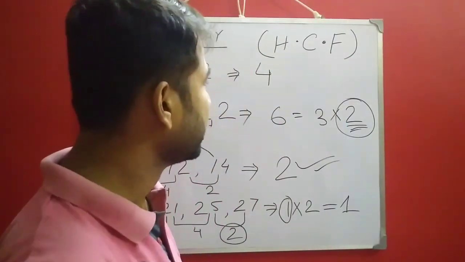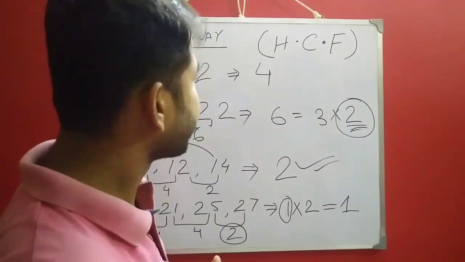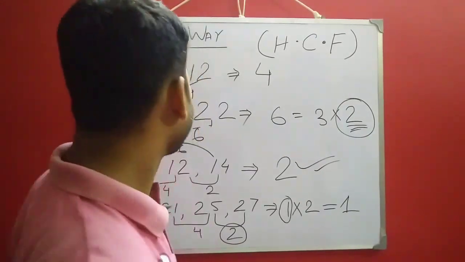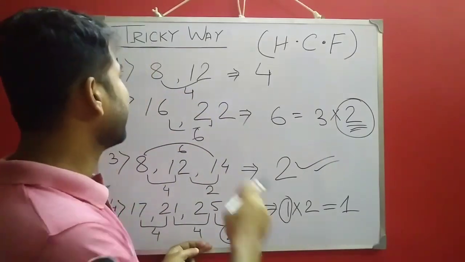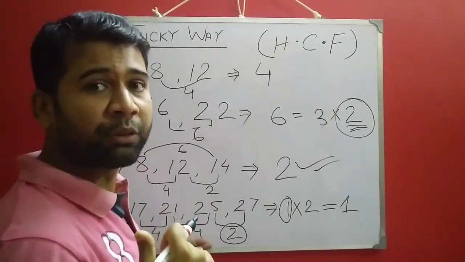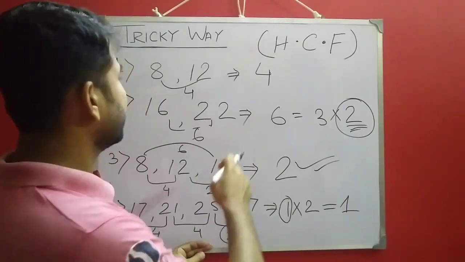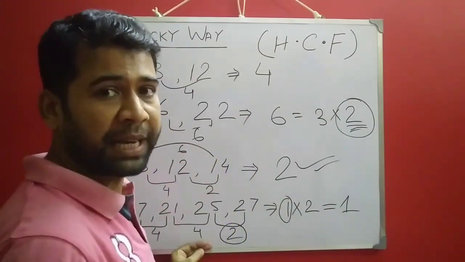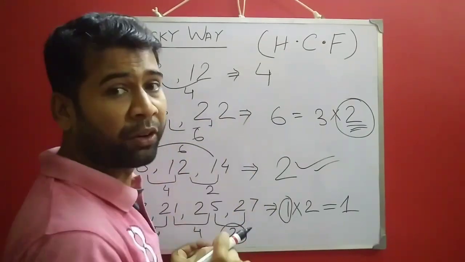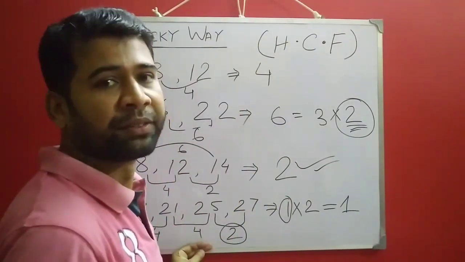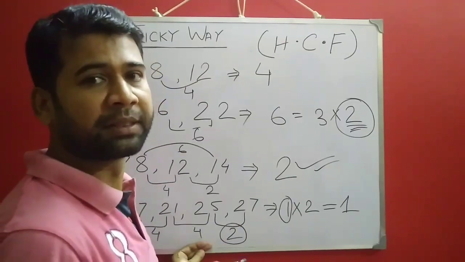So what is the process? First, we have to calculate the difference. If there are more than 2 numbers, then calculate the least difference, and check whether the difference is a divisor of the numbers or not. If yes, then the difference is your answer.